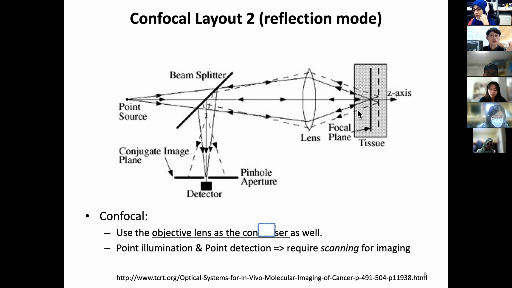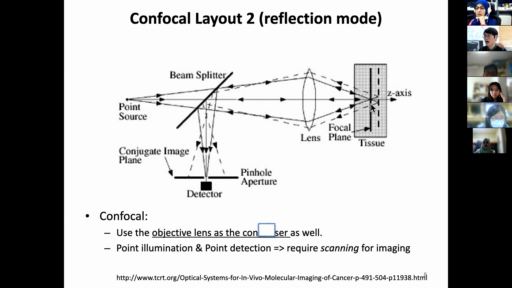Obviously, when you send the light, it interacts with the sample at this point and will be back scattered. That back scattered light you can collect by putting a beam splitter here. Look at this arrow back, and it comes back to the corresponding point on the conjugate plane of the point source. Here you just put a pinhole aperture.